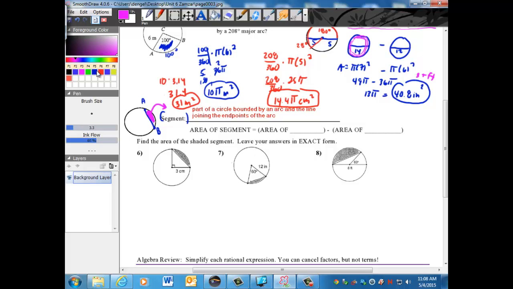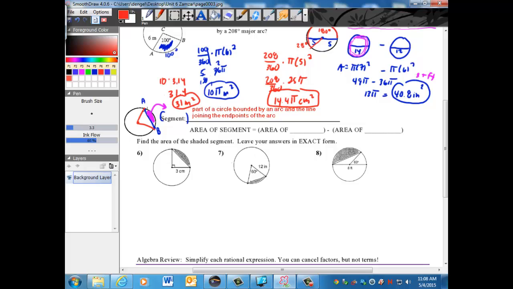Now, we still have our sector, so if we start with our sector, and let's say that we draw one radius and a second radius, we still have our sector, which would be the whole piece of the pie.